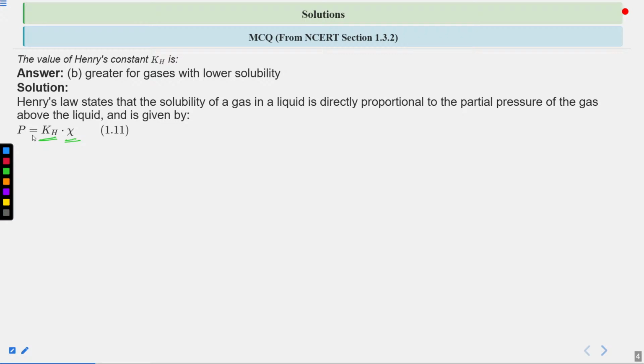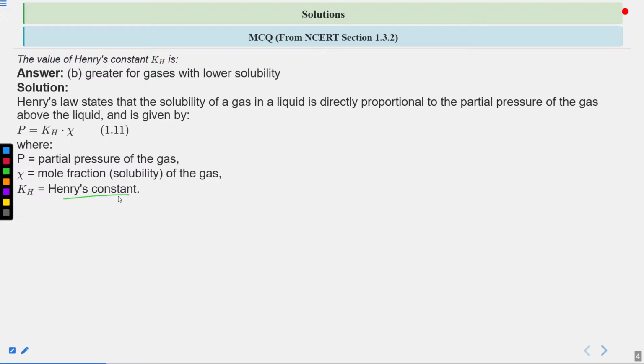Here P is the partial pressure, KH is Henry's constant, and chi represents the mole fraction of the component. This is equation 1.11 in our chapter Solutions in the NCERT textbook, where P is the partial pressure of the gas, chi is the mole fraction of the gas, or you can also say the solubility of the gas, and KH is Henry's constant.